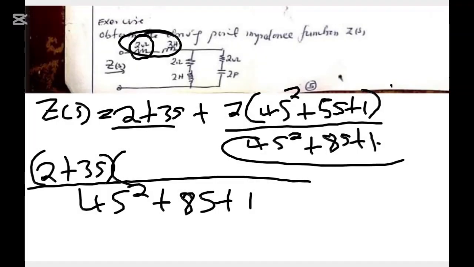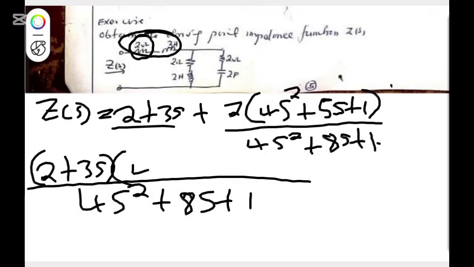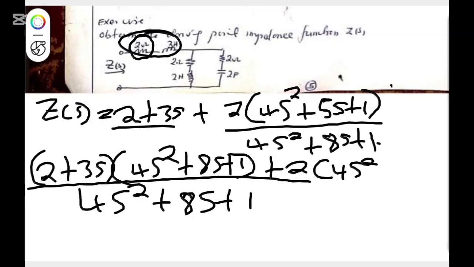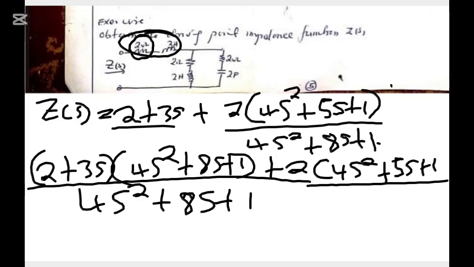Okay, sorry, I have to multiply it by this. It will now be 4s squared plus 8s plus 1, and then I have to add it by this, and I will say 2 bracket 4s squared plus 5s plus 1. So I have to get this point.